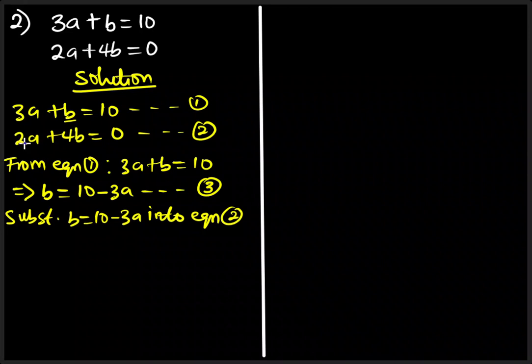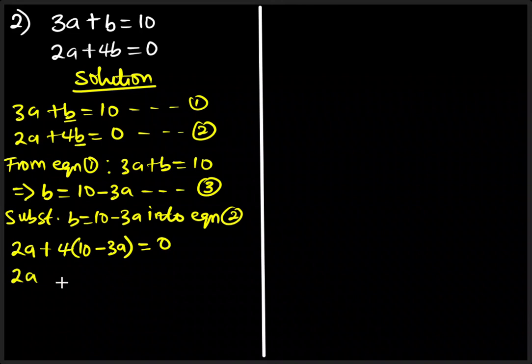We have to replace b with 10 minus 3a: 2a plus 4 bracket 10 minus 3a, equal to 0. We are just replacing this b with a new value.